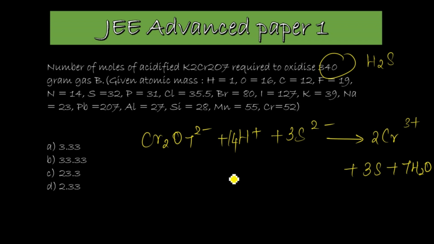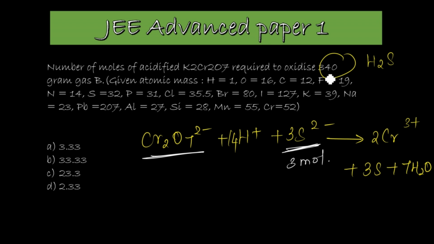People who practice a lot from chapter 1 must have come across this type of question. So for 3 moles of S2 minus, 1 mole of dichromate is used. Correct. So for 10 moles of S2 minus, how many moles will be there? You can easily calculate it. How did I get 10 moles?